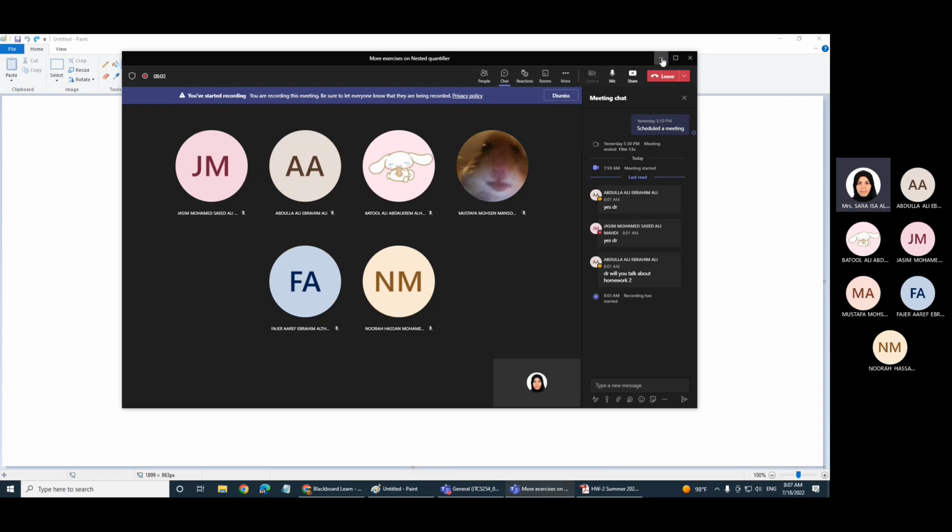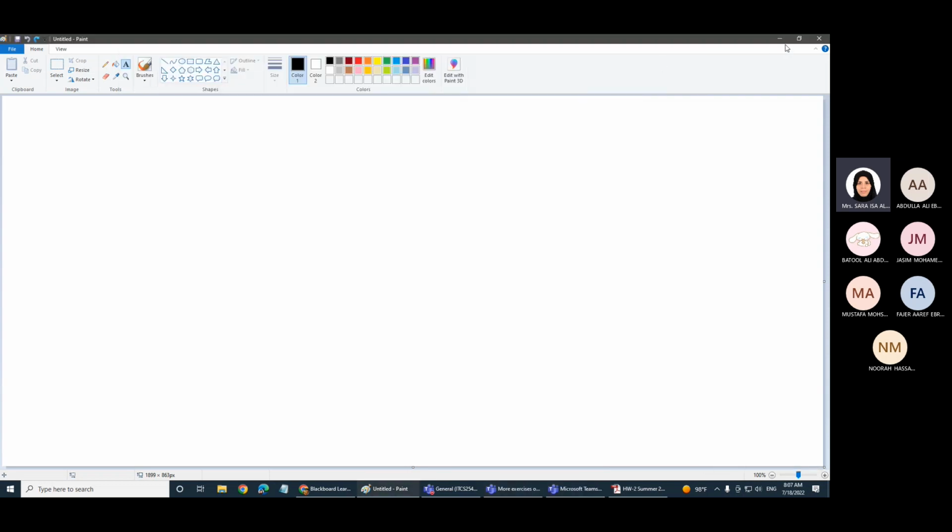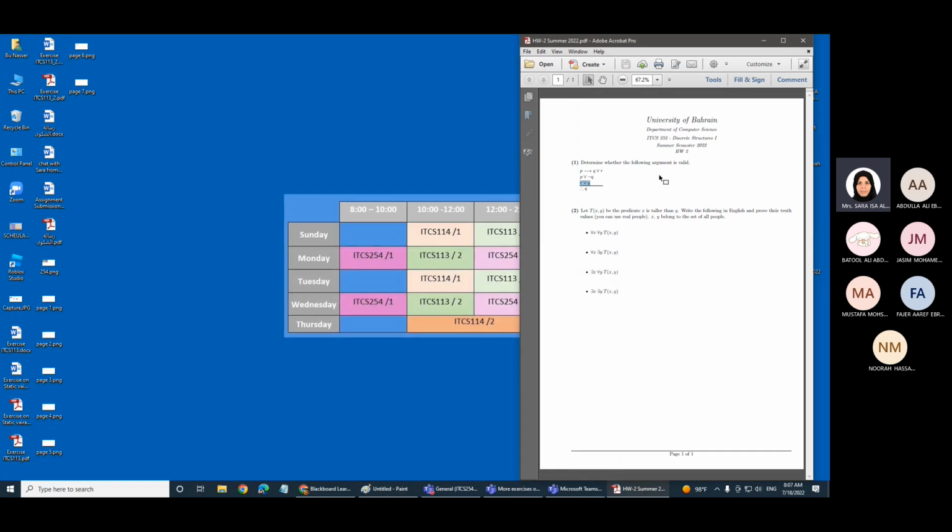I will not say it is valid or invalid, but remember, if it is valid, you have to use the inference rules or draw the whole truth table. Both are correct. If it is invalid, just give me the values of P, Q, and R that make the conclusion false and the hypotheses true, and that's it.